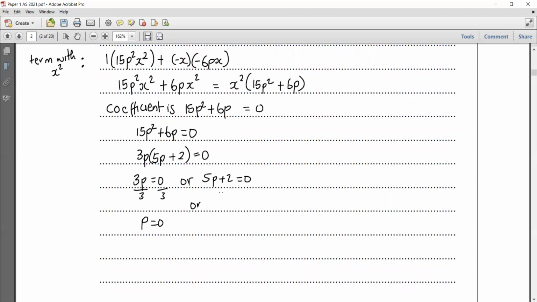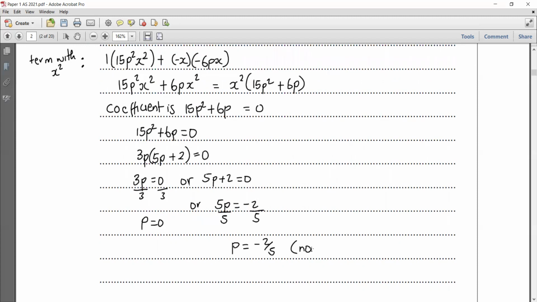So here we have 5p is equal to negative 2. So this positive 2 goes to the other side, and then we get a negative 2. And then dividing by 5 on both sides, we get p is equal to negative 2 over 5.